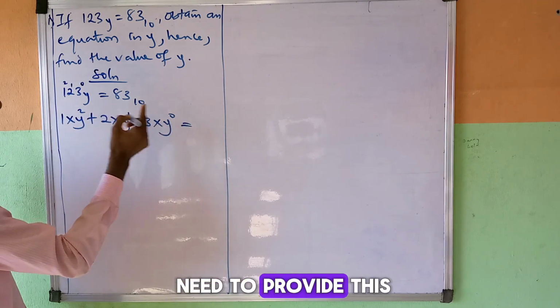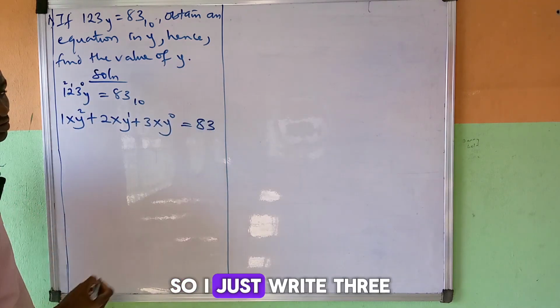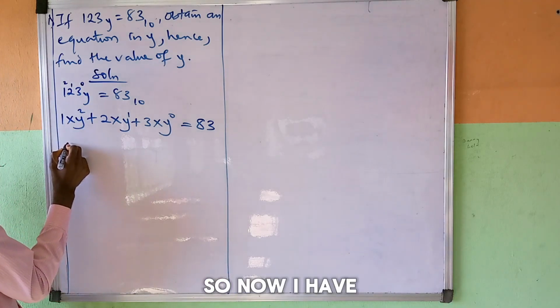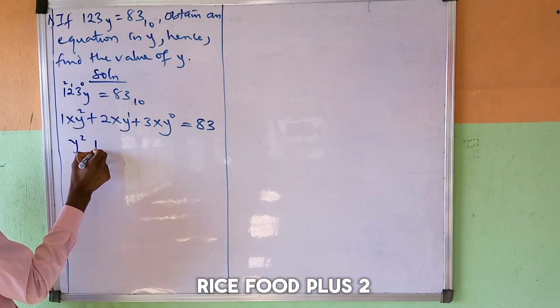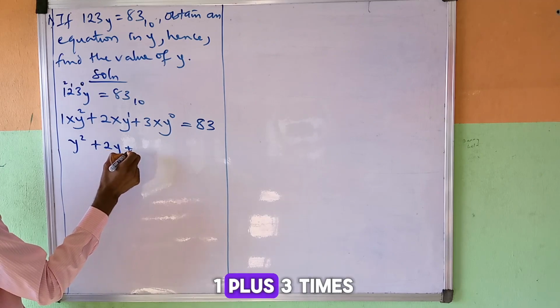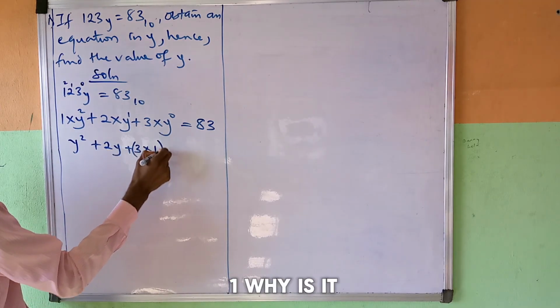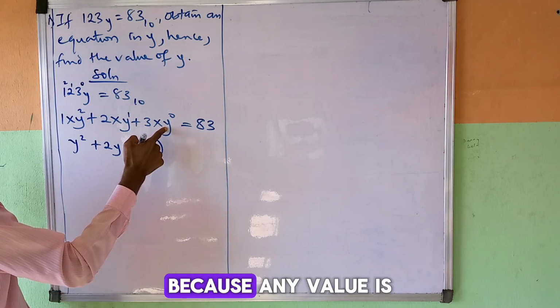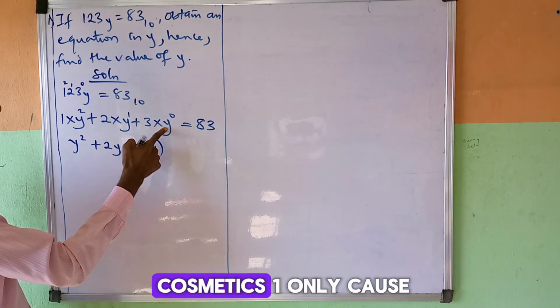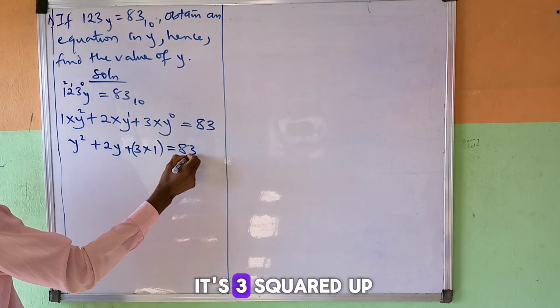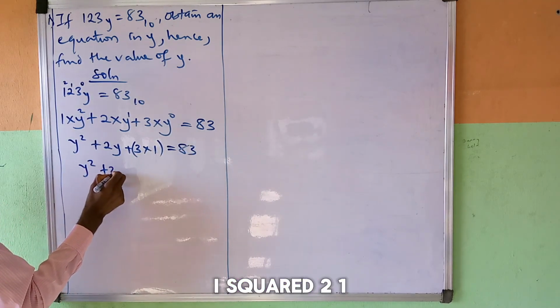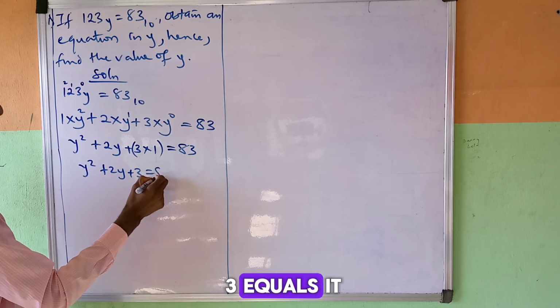I don't need to convert this because it's already in base 10, so I'll just write 83. So now I have y squared plus 2y plus 3 times 1. Why is it 3 times 1? Because any value raised to the power 0 is 1. All equals 83. So I have y squared plus 2y plus 3 equals 83.